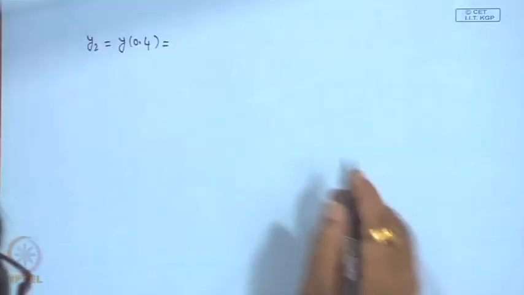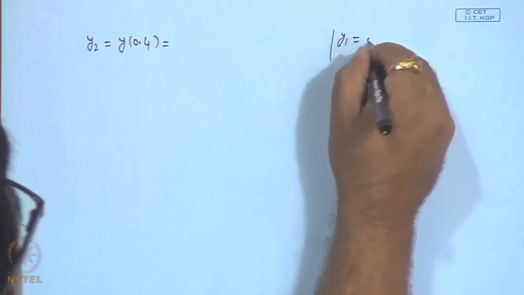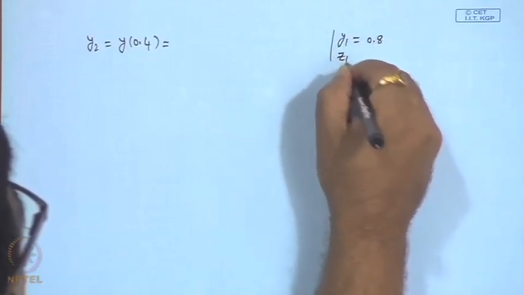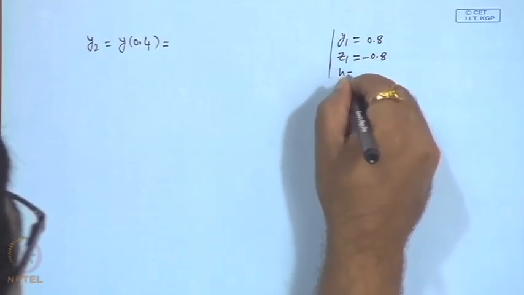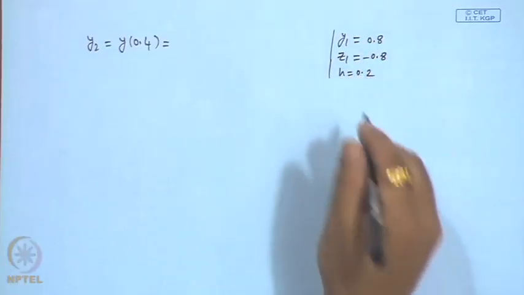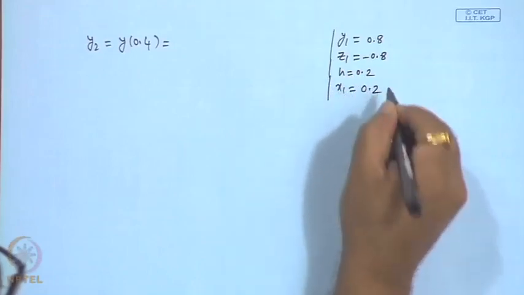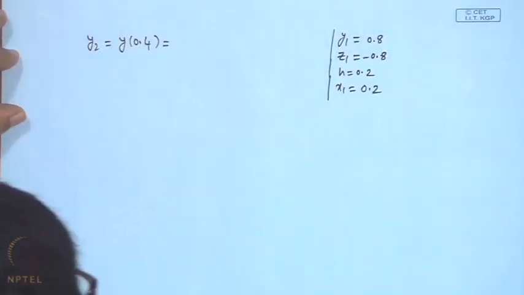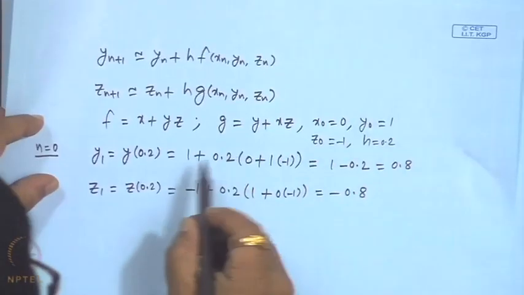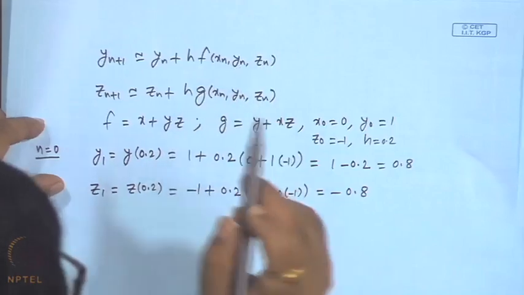So, let us have the data here: y 1 that was computed, and x 1. We need y 1 plus h times f of x 1, y 1, z 1.